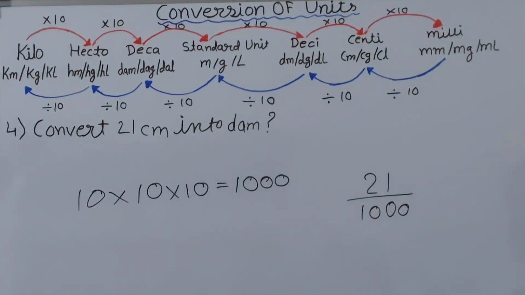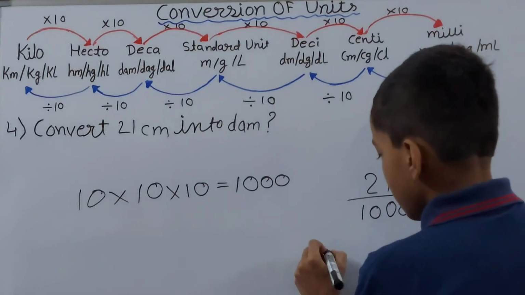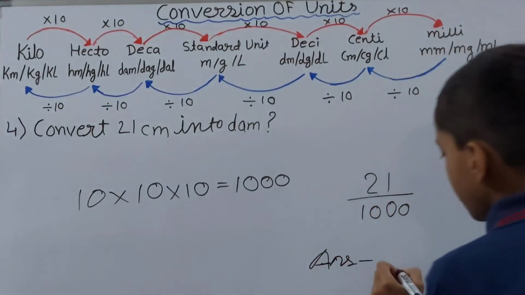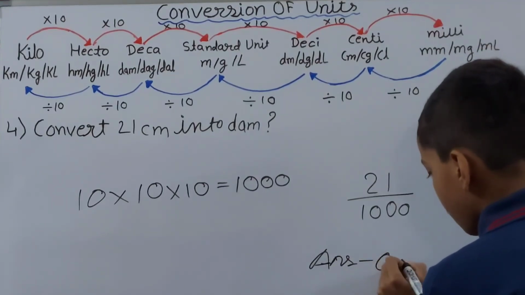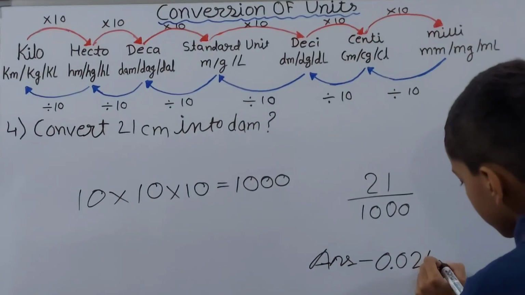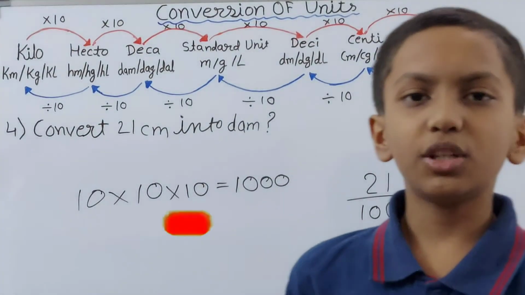Now count the number of zeros in your divisor. So 3 zeros are there and just put the decimal after 3 places, okay? So 1 place, 2 place and after that it is 3 place. So what will be the answer? It will be 0.021 DAM, that is decameter.